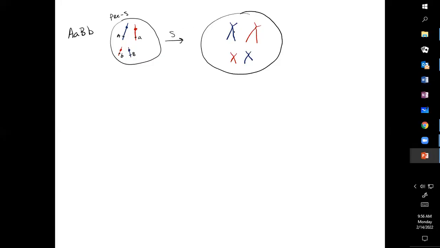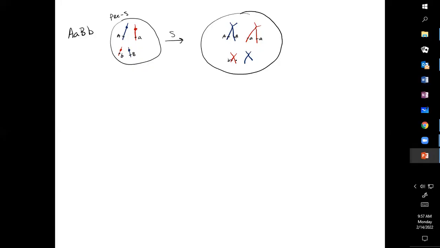Now, after S phase, what are on these sisters? These are identical. So after the DNA has been replicated, you have replicated all of these alleles as well.